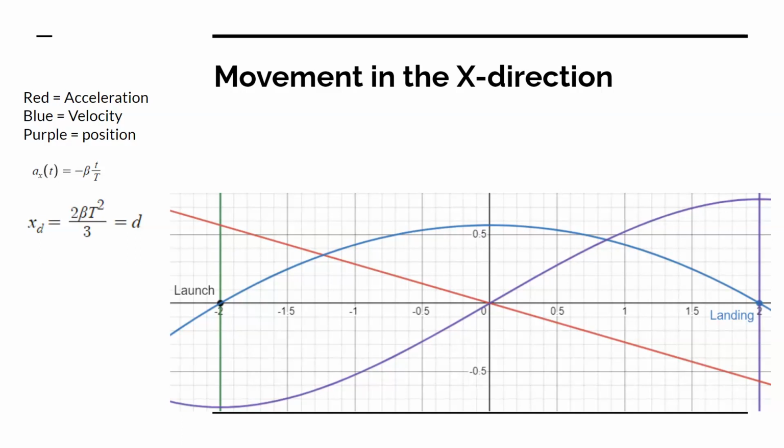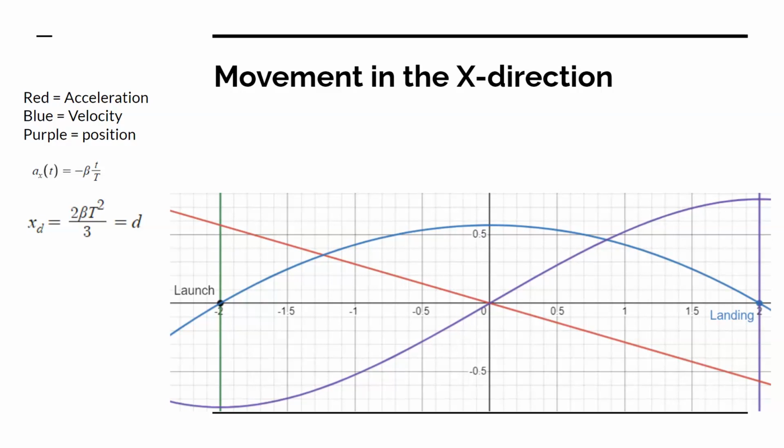From launch at negative t, we have a quick increase to a constant steady movement. Then at point 0, which is between negative t and t, the halfway point, we move from that steady movement towards a decreasing change in position over time, going into a flat point, which marks that we are no longer gaining distance in the x direction.